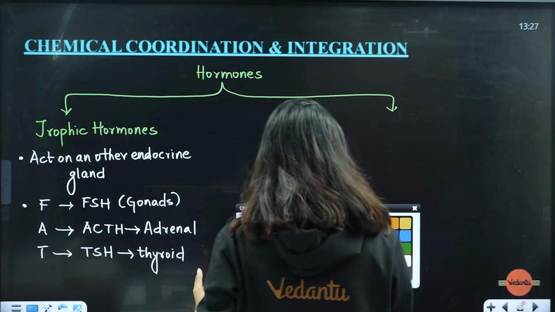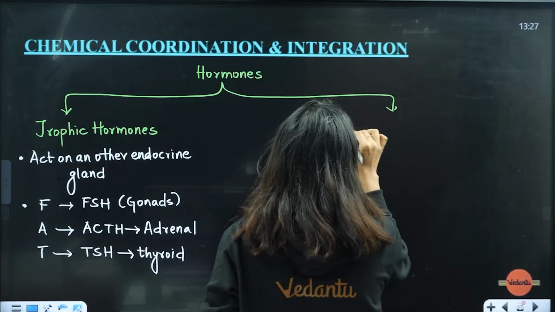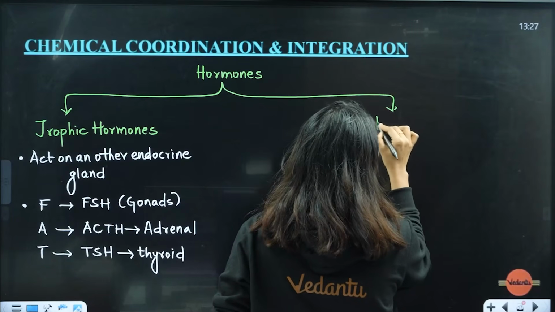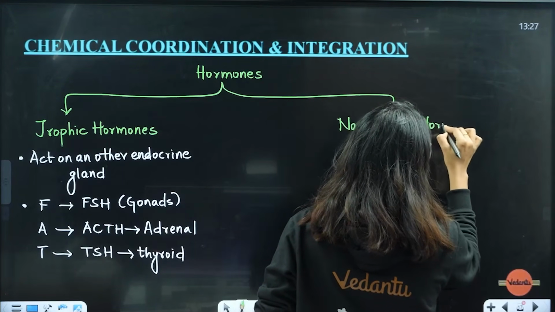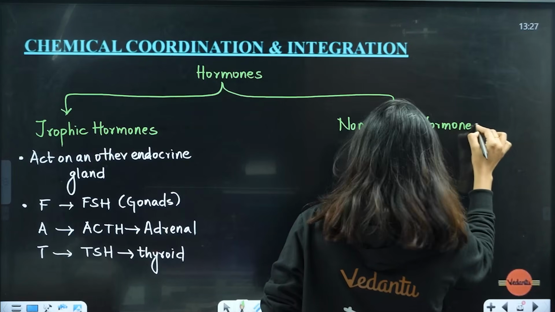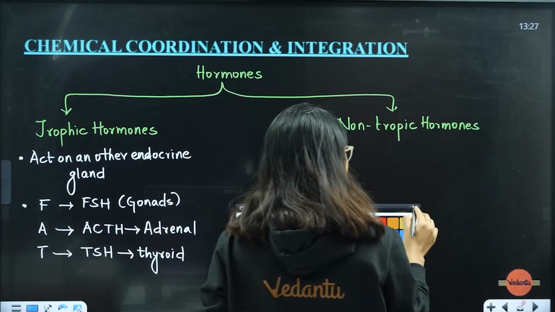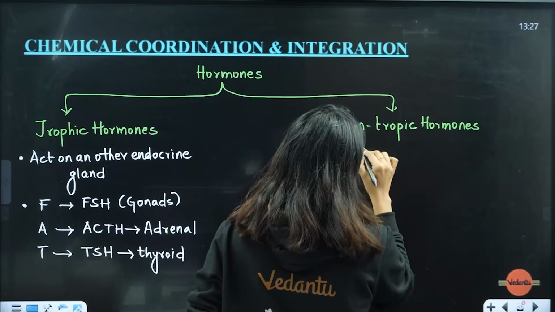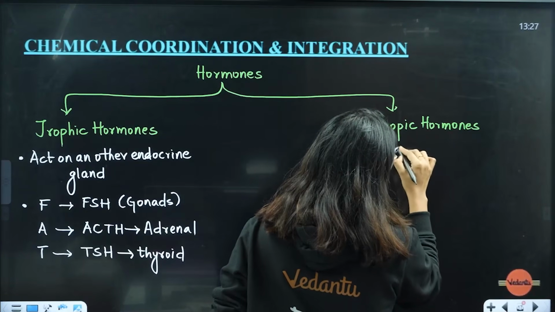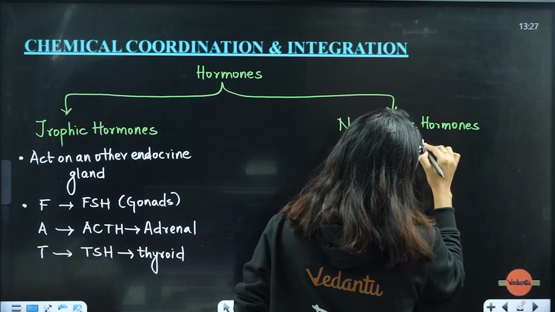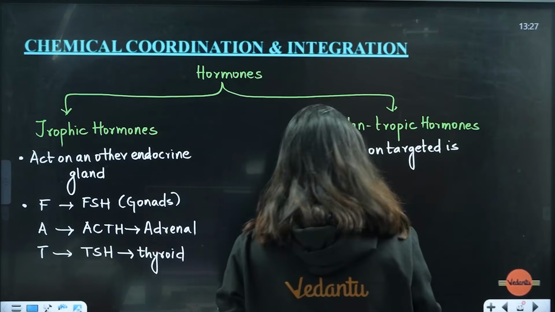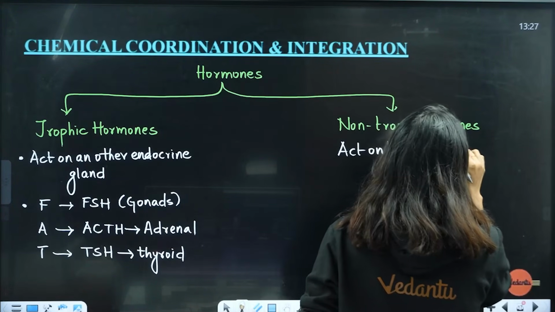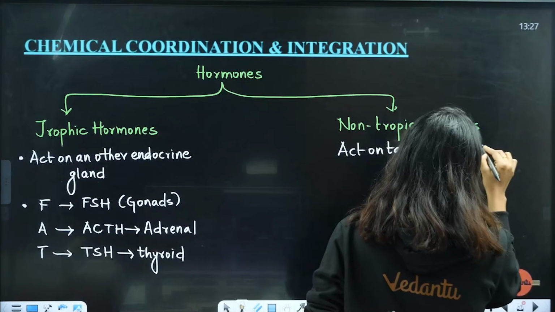But non-tropic hormones, students, will directly attack the target tissues. Non-tropic hormones directly act on targeted tissues or cells.